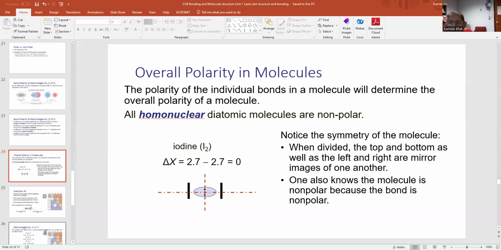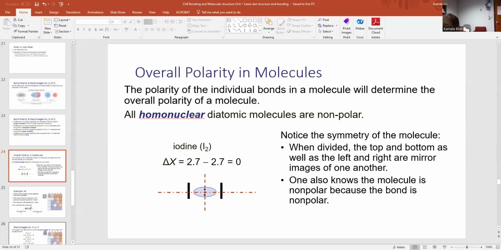The polarity of the individual bonds in a molecule determines the overall polarity of the molecule. All homonuclear diatomic molecules are nonpolar. What do we mean by homonuclear? That means their atoms are the same. For example, H2, N2, I2.